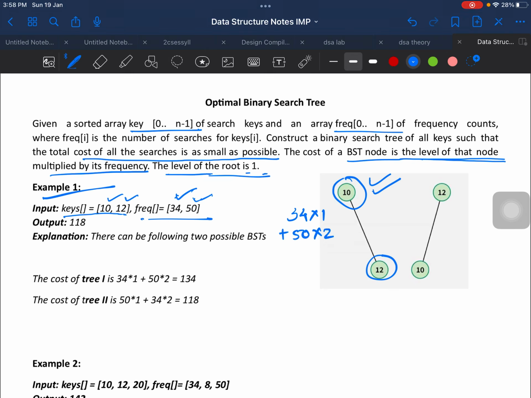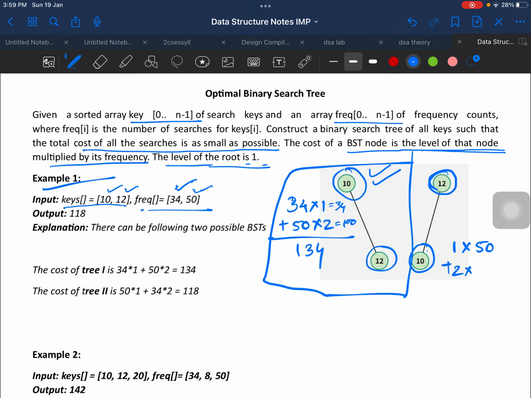What is the cost of this tree? So the cost of this tree is 1 into, what is the frequency of 12? 12 frequency is 50. Plus 2 into, why 2? 2 is second level. So second level 10 is present. What is the frequency of 10? 10 frequency is 34. Now let's see what is the addition of these two.